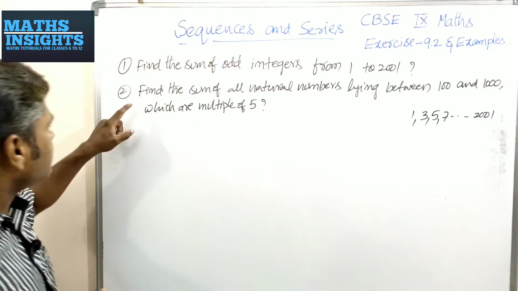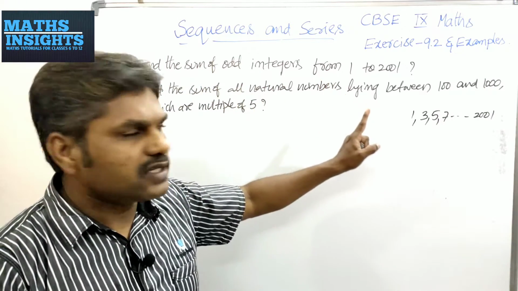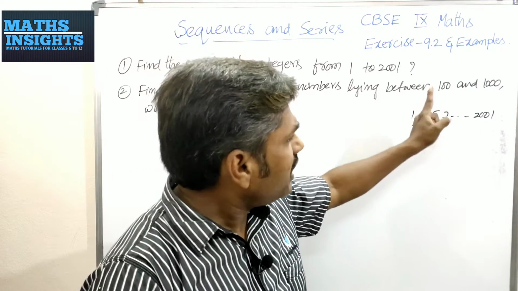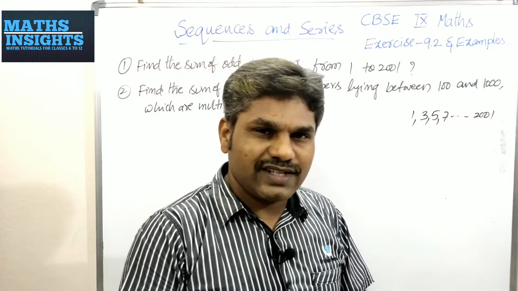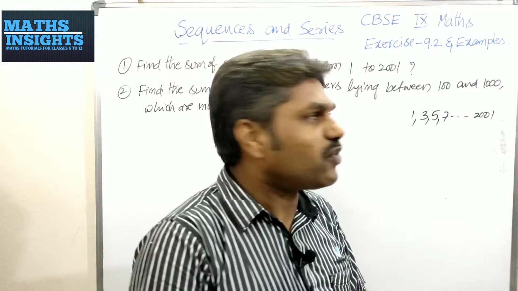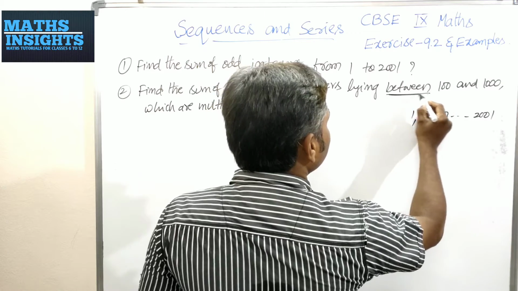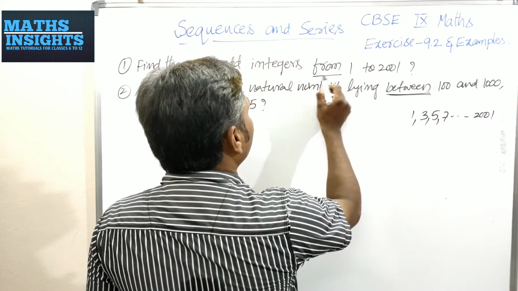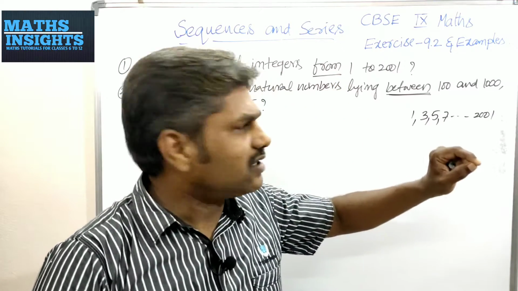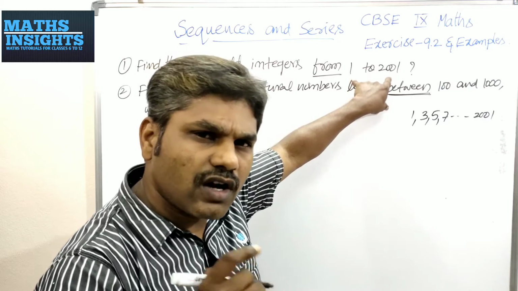Coming to the second one: find the sum of all natural numbers lying between 100 and 1000, right? Which are multiples of 5. This is very important, and this term is also very important. Here it is between, not from. From means you have to start from this number itself and take both of these into account.